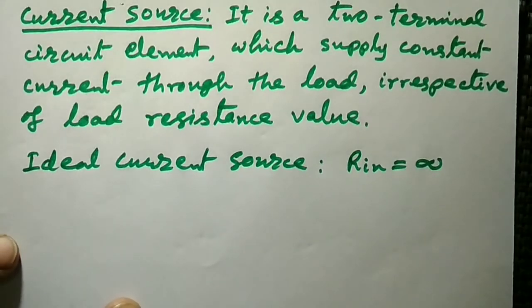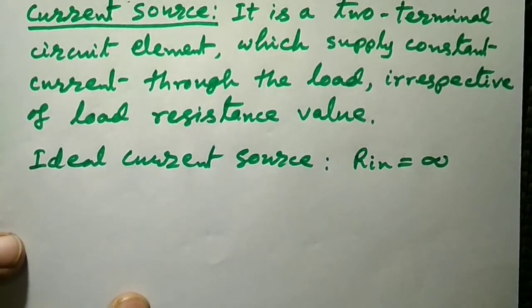But again, the ideal current source is not possible. So in an actual, practical current source, there should be some internal resistance, and it is considered as connected across the source.